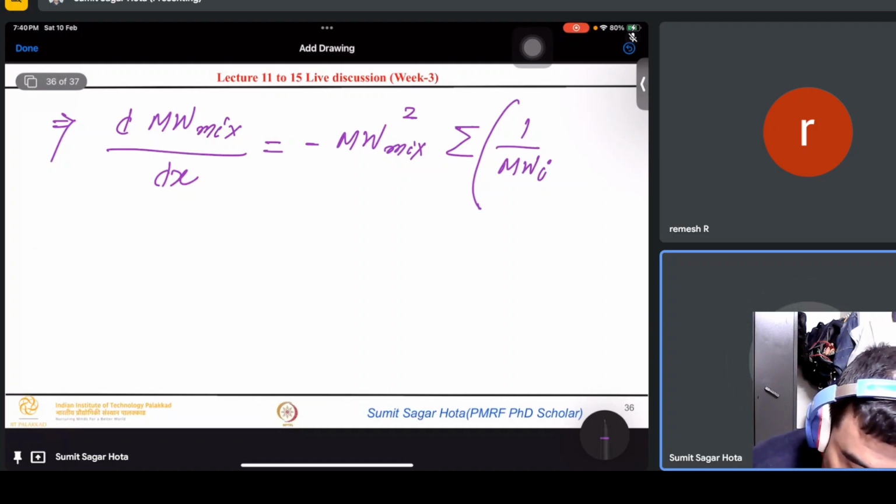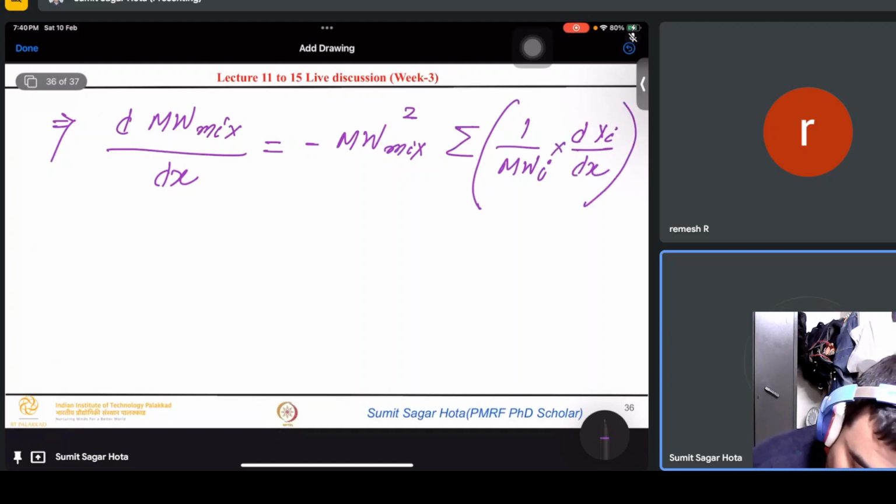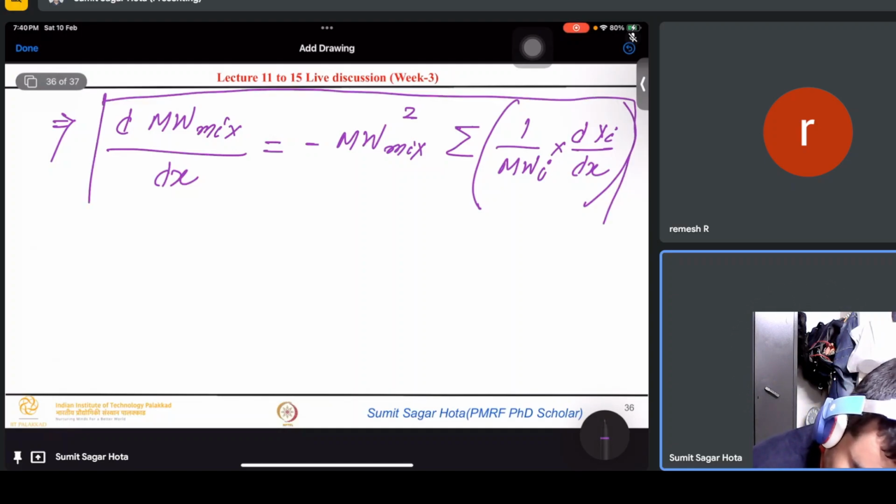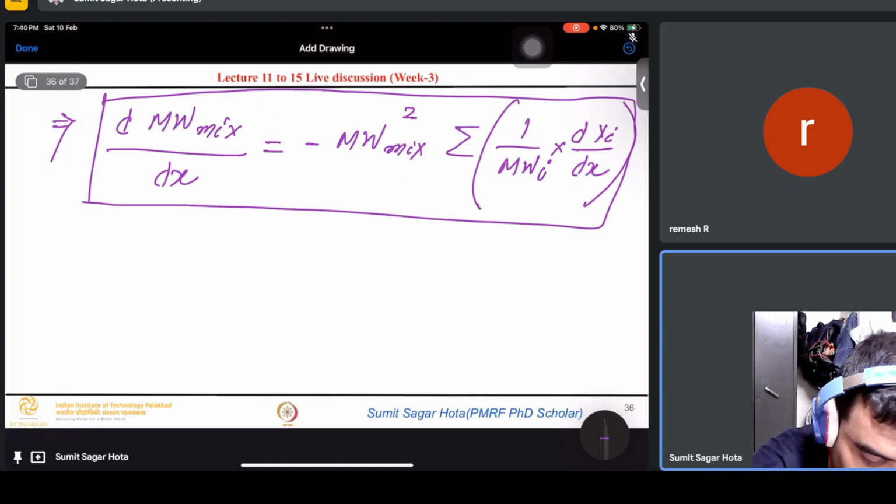Because molecular weight of i is a constant term, just take it outside and differentiate dYi by dx. But because there is a summation in both, the 1 by molecular weight of i is there in the sum. Same thing.